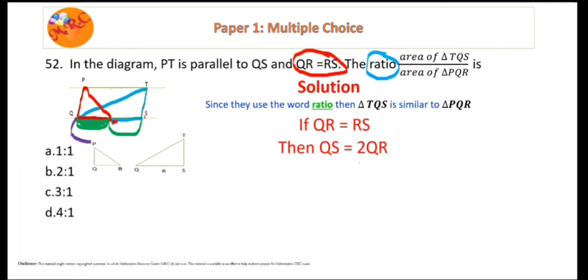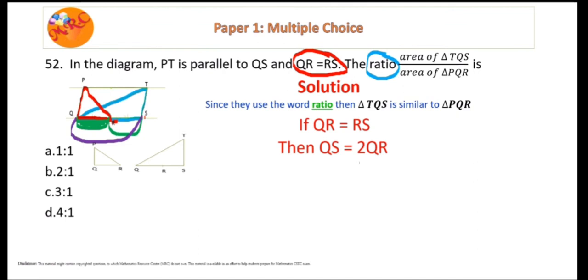So that is telling us, therefore, that QR is half QS, or we can say QS is twice QR.